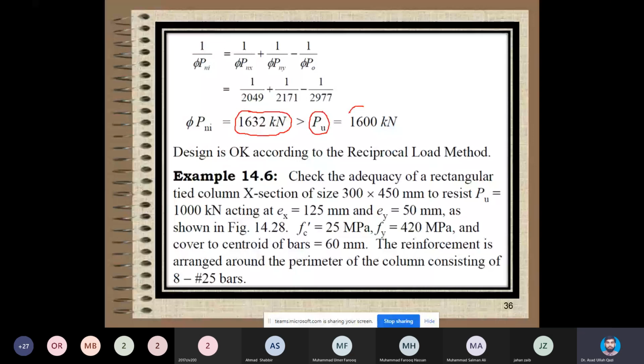So in a way I can confirm that the column designed earlier by equivalent uniaxial eccentricity has been evaluated, and the reciprocal load method also satisfies the capacity, and the column design is appropriate. If this comes out to be less than 1600, then I need to revise this procedure with a new cross section or steel reinforcement higher than selected earlier. So this is actually a one design problem.